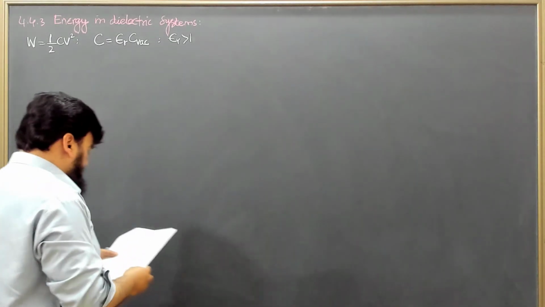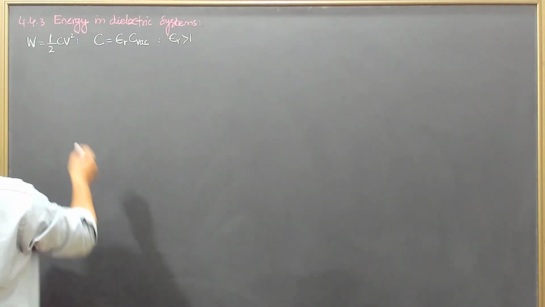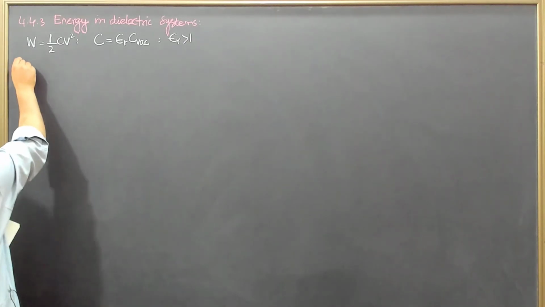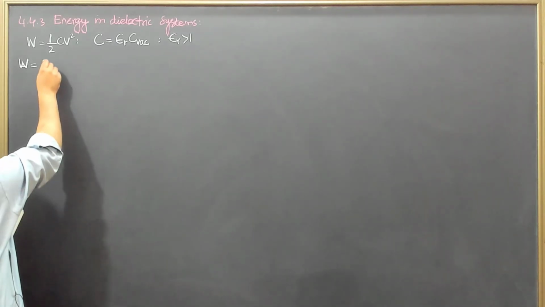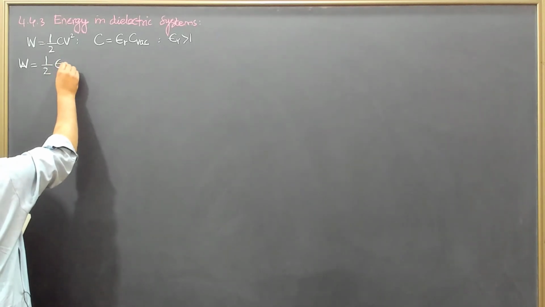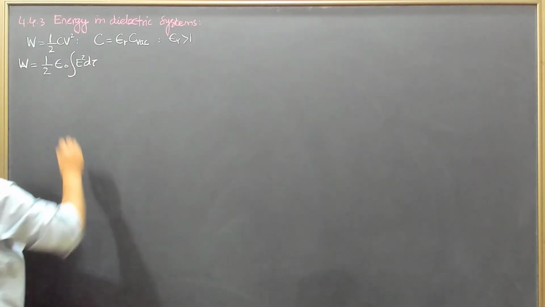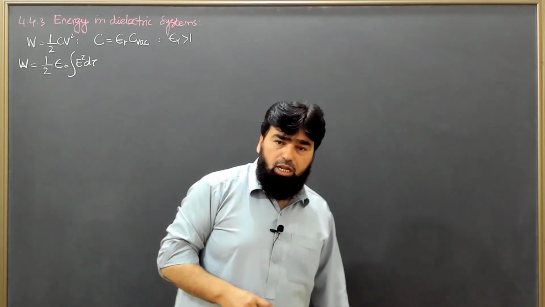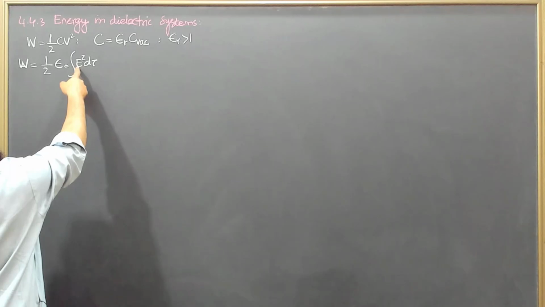So for the energy in an electrostatic system, we have W equal to half epsilon naught times the integral of E squared over the whole volume. This is the energy stored in an electrostatic system, E being the electric field.